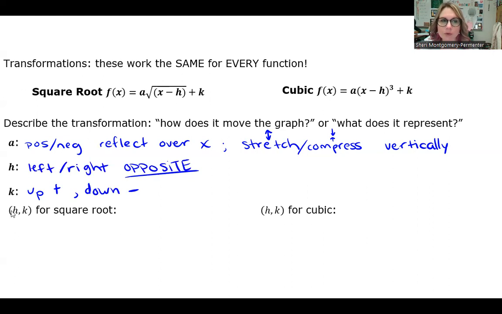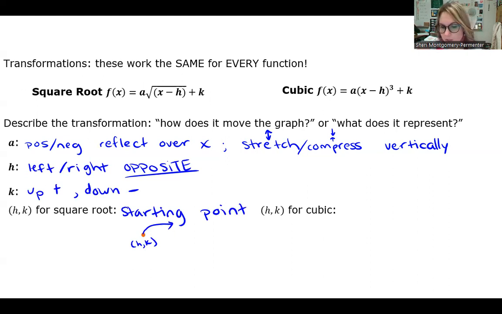H and K. So remember, H and K creates a point, and you can find the point from looking at the equation. For a square root, it tells you where you start. So H and K is that starting point for a square root.